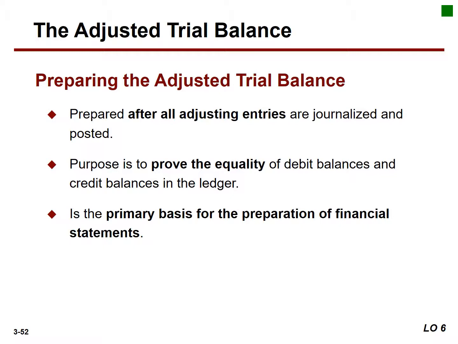And the adjusted trial balance, as I said earlier, will look very similar to our trial balance in its format, but we will have made adjustments to various account balances, as we looked at in our earlier slides, and we may even have some accounts that have balances that did not have a balance in our trial balance. We can then prepare our financial statements, or at least our income statement, retained earnings statement, and balance sheet from this adjusted trial balance.